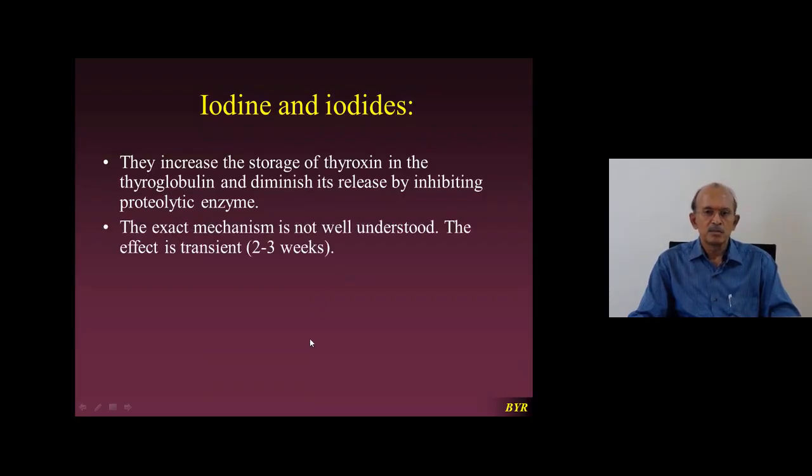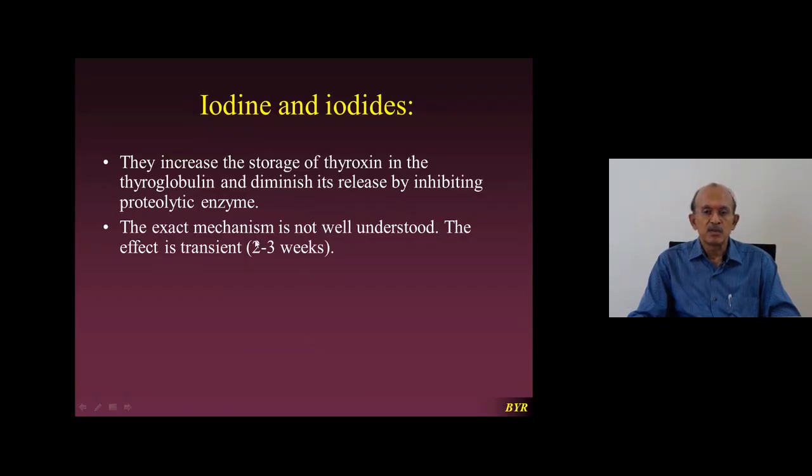Of course, the exact mechanism is not well understood, because iodine and iodates are for synthesis of thyroxine. So how can they block? Accidentally, it was observed that when a large dose of iodine or iodates is given to thyrotoxicosis patients, thyroid hormone synthesis was blocked. So that is why they were used.